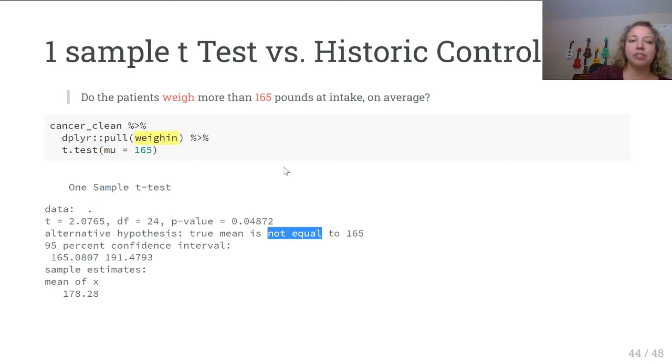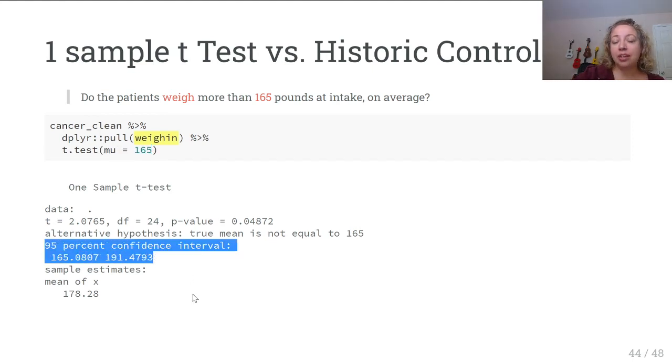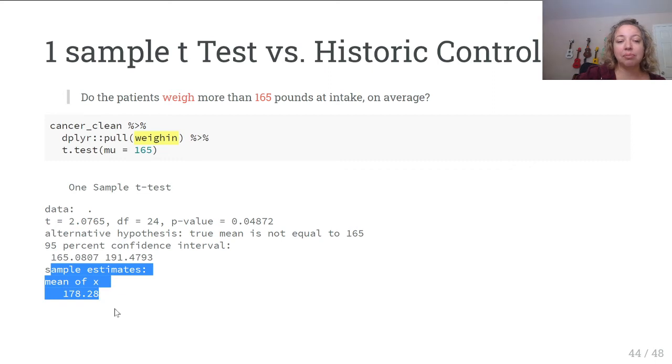And our null hypothesis we stated was mu is equal to 165. It also, by default, is going to give you the 95% confidence interval without you lifting a finger, and it will also give you the sample statistic mean of 178. So with, let's see, 1, 2, 3, 4, 5, 6, 7 words, basically, we've gotten all these calculations done for us.